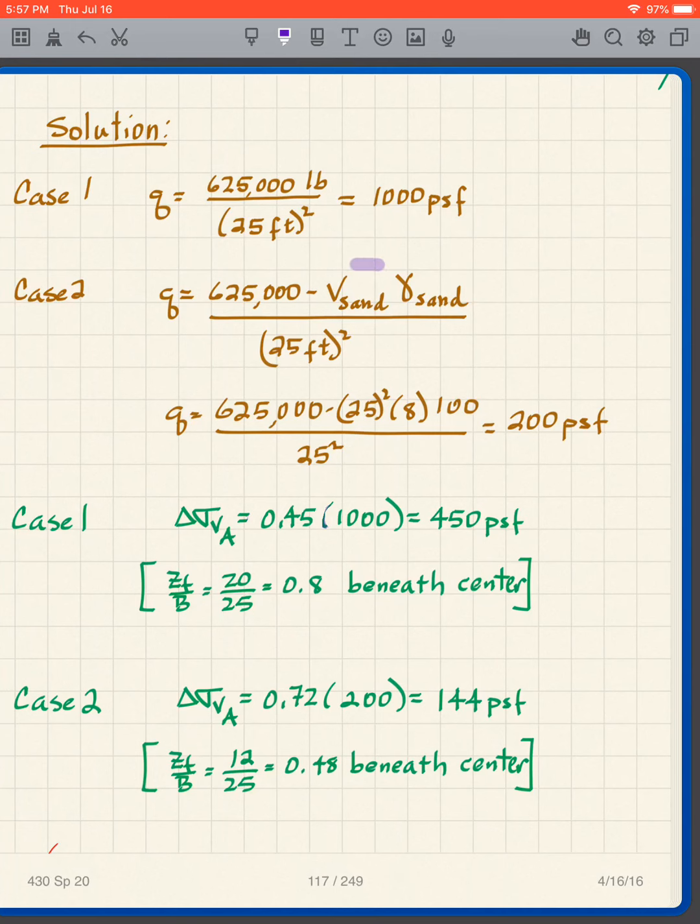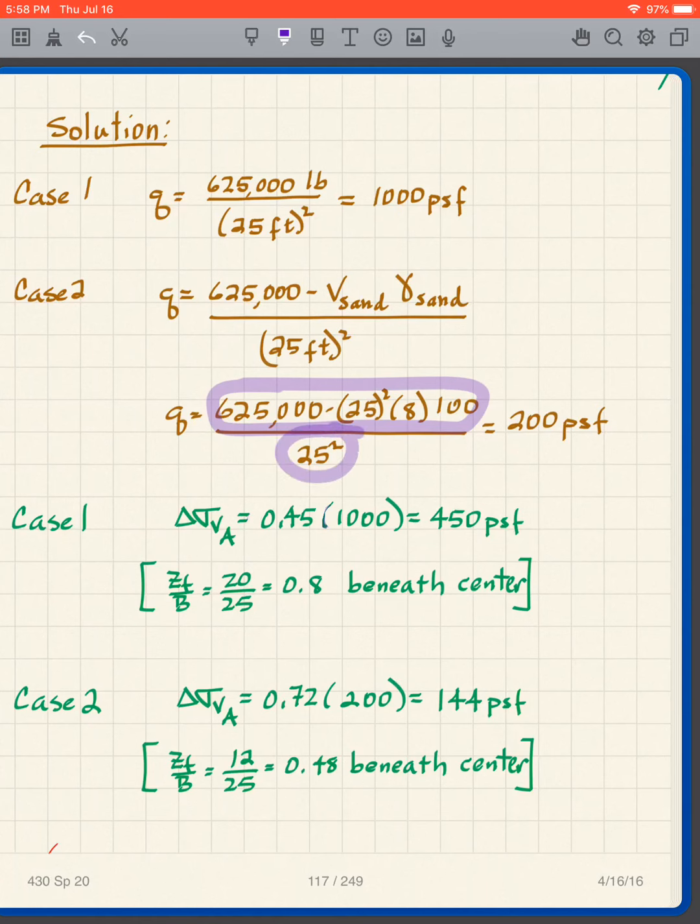So I'm going to subtract off. Well, the way that I'm going to do it is I'm going to take the volume of the sand that I remove times the density of the sand. That's the weight of the sand that I'm removing. Well, what's the volume of the sand? Well, the volume of the sand is the depth of the basement, 8, times the footprint area, 25 squared. That is the volume of the sand, and we've already said that the unit weight of the sand is 100. So that is the net weight that I'm putting on my soil, my clay.